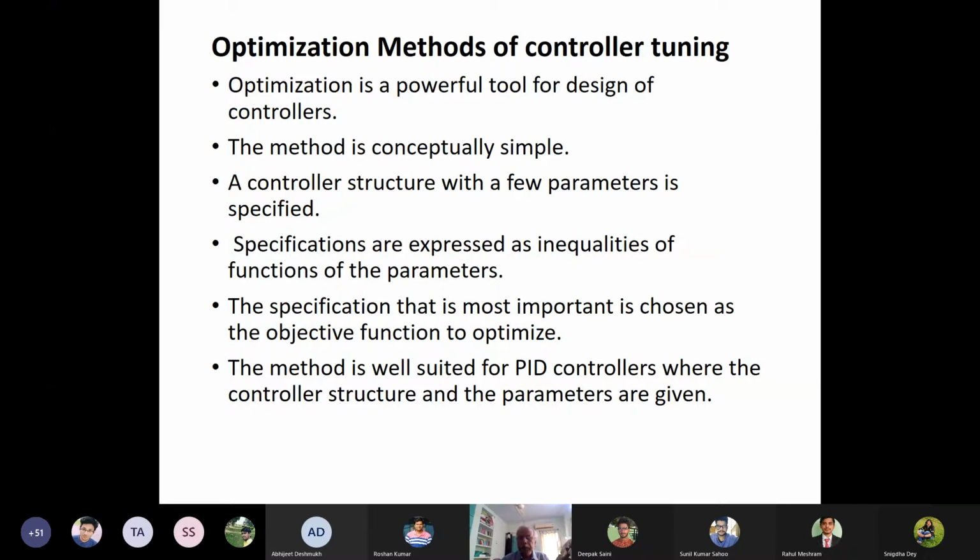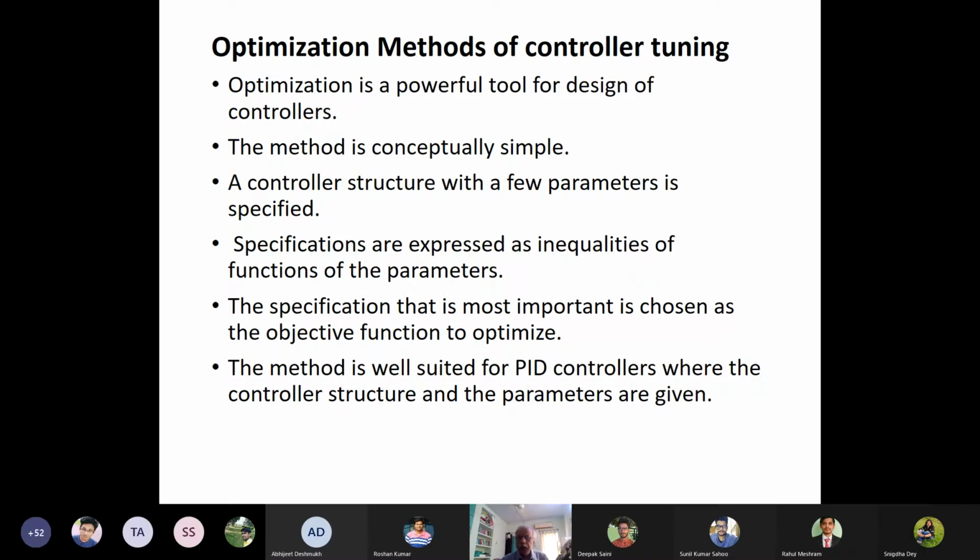So here basically for a controller tuning we can have number of specifications like specifications of integral error criteria, specifications of overshoot, specifications of decay ratio, specifications of rise time or response time. You can have specifications in the frequency domain as gain margin or phase margin.